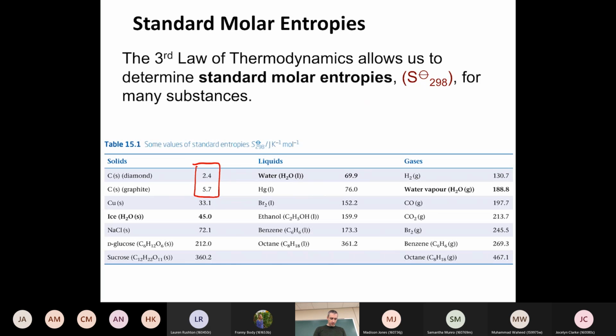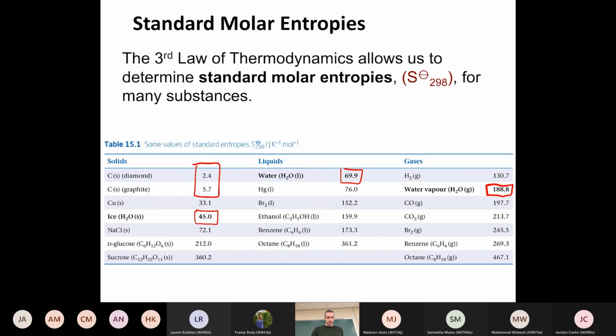You can see water. We have water as ice as a number of 45. Water as a liquid is almost 70. And water as a vapor is 188.8. So this is the same substance at the same temperature in three different phases.